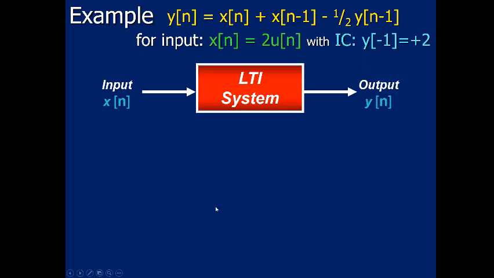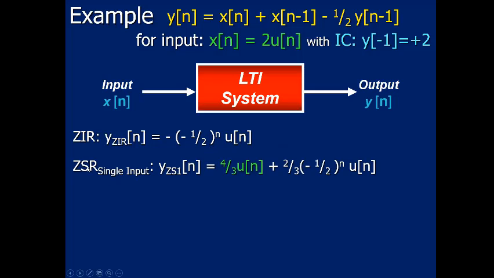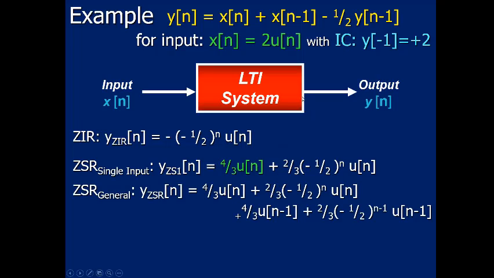We add that to the zero input response to get the total response. And for our particular case, we found our zero input response was -1 times -1/2 to the n. Our zero state response from the single input case was 4/3 plus 2/3 times -1/2 to the n, all times u of n. That means the general case, which has x sub n plus x sub n minus 1 in the difference equation, says take this single input case and add another version of it where n is replaced with n minus 1.